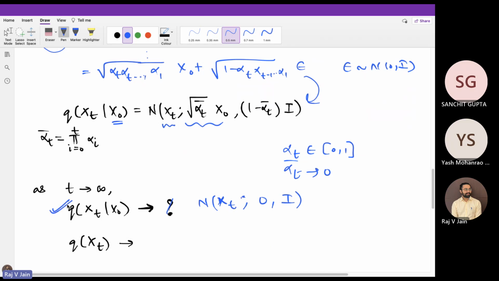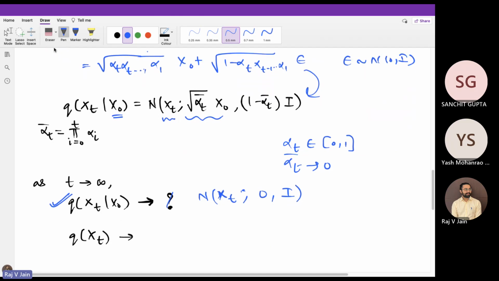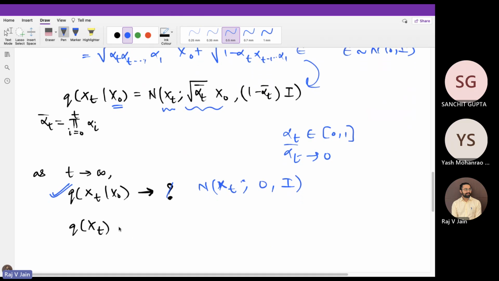No, this is fine, it's a property of Gaussians, the conditional formula. There is a mathematical property of Gaussians: if the conditional distribution is Gaussian, then the marginal is also Gaussian. Yes.